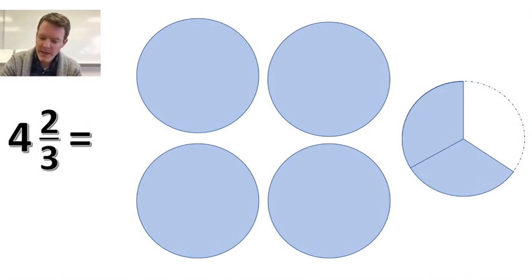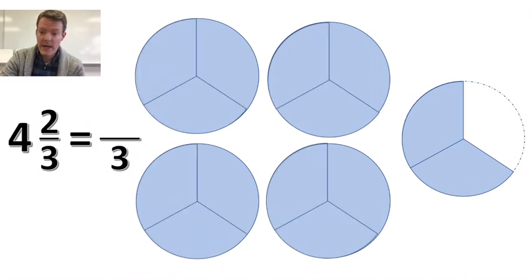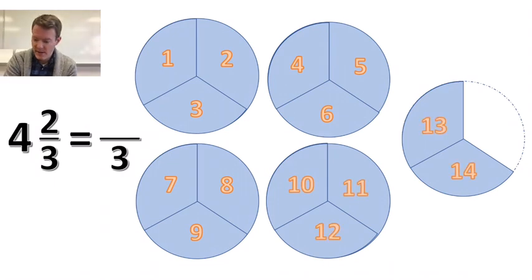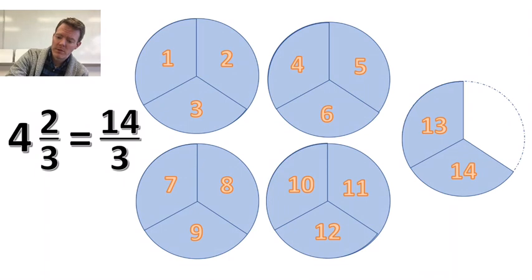So in order to do that, we'd have to cut everything into thirds, and then we simply count them up. How many thirds are here? And if you count 1, 2, 3, 4, 5, 6, 7, 8, 9, 10, 11, 12, 13, and 14, this is 14 thirds. We get each whole has 3, so that's 12, and then 2 more make 14.